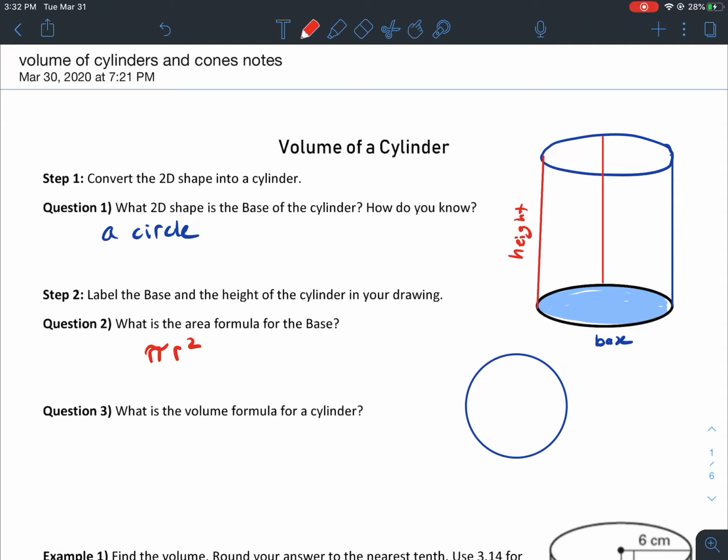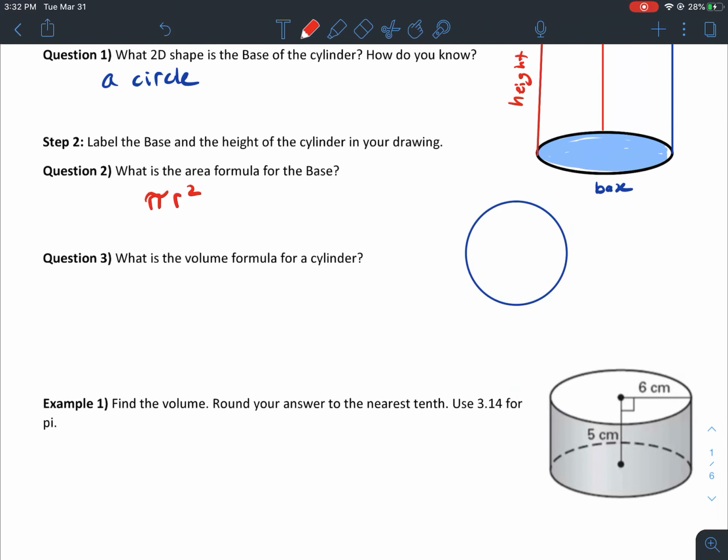And then it says, what is the volume for a cylinder? So we know that we are stretching this base, which is a circle, all the way up. So what we want to do is multiply the area of this base times the height.